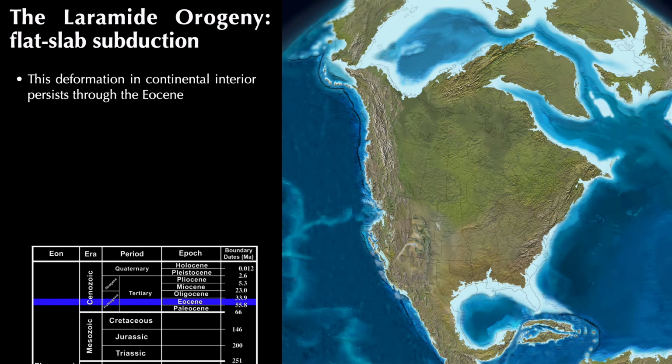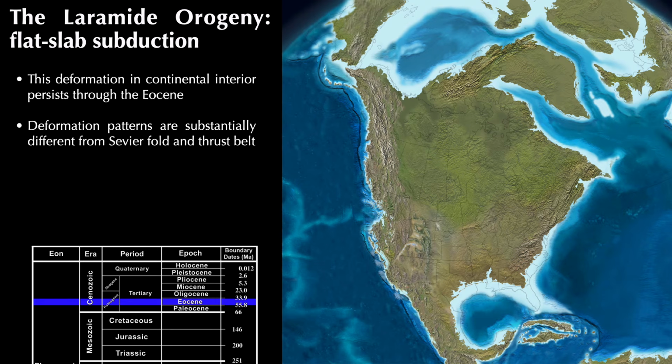This continental interior deformation associated with the Laramide continues into the Eocene, and the deformation patterns associated with it are really quite different in detail from the Sevier fold and thrust belt.